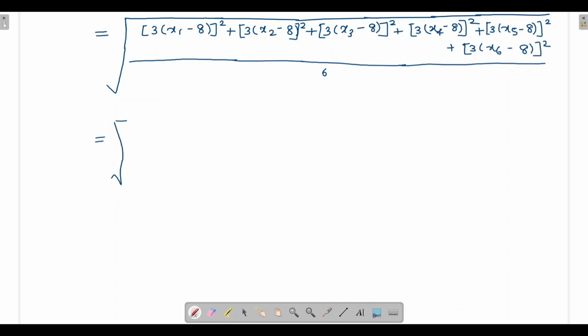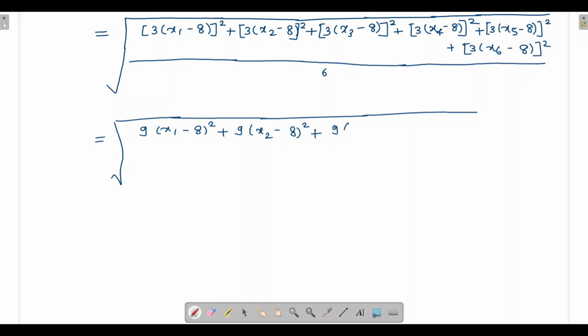So this is equal to the root of, what we will get is 3 square is 9, then 9(x1 minus 8) the whole square plus 9(x2 minus 8) the whole square plus 9(x3 minus 8) the whole square plus 9(x4 minus 8) the whole square plus 9(x5 minus 8) the whole square plus 9(x6 minus 8) the whole square.